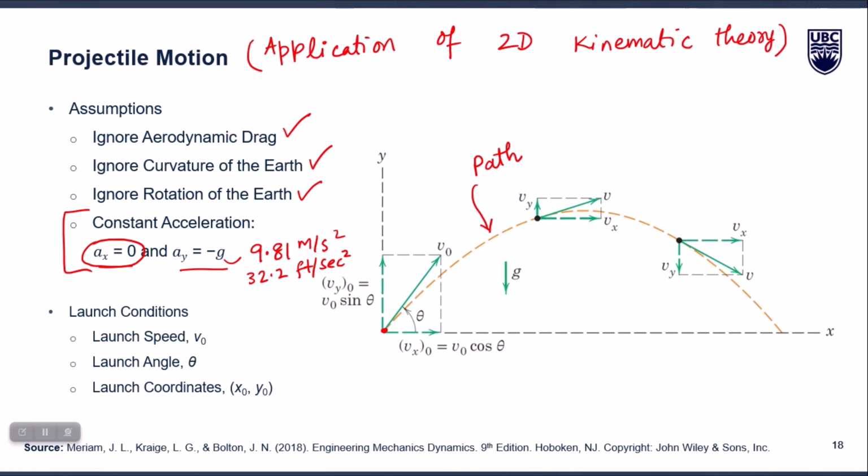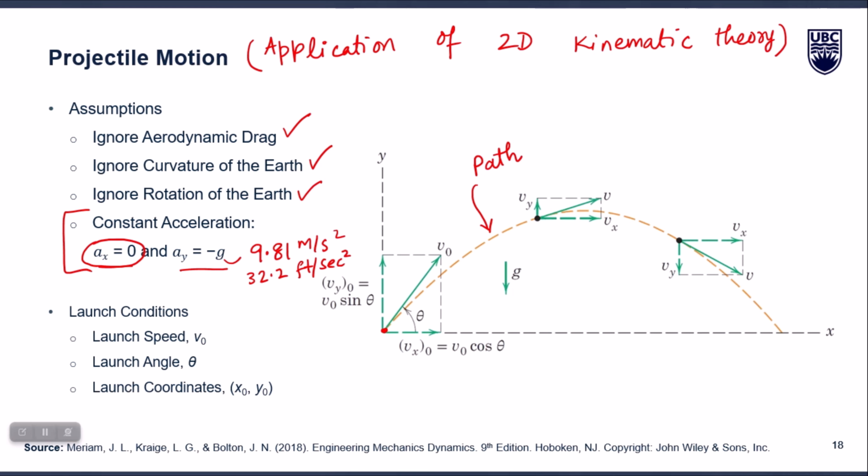Which means that we can separately treat the x and y components of this motion when we describe it in a rectangular coordinate system. We can separately treat x and y, but both cases will be constant acceleration cases, right? In one case the constant acceleration will be 0. In the second case that constant acceleration will be minus 9.81 in the SI system, right?